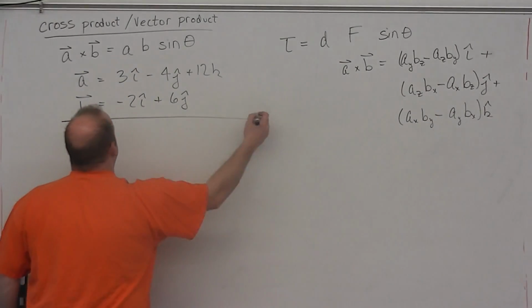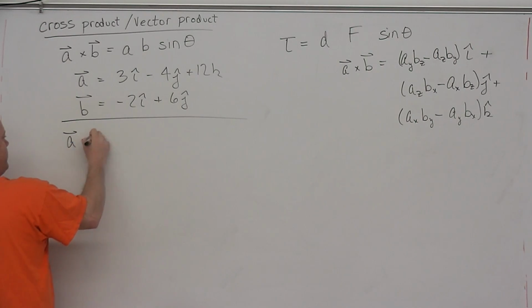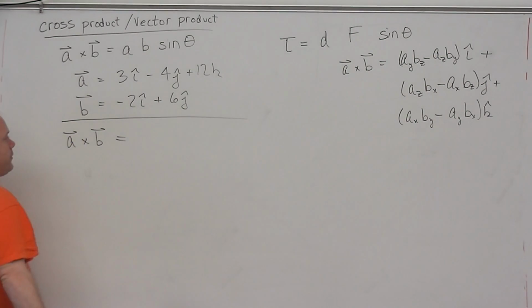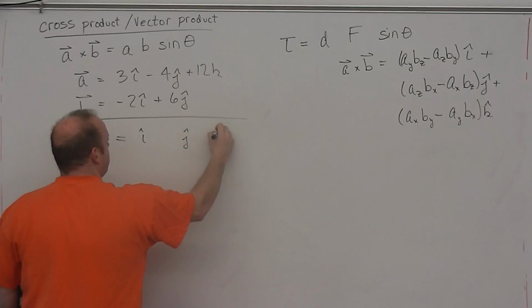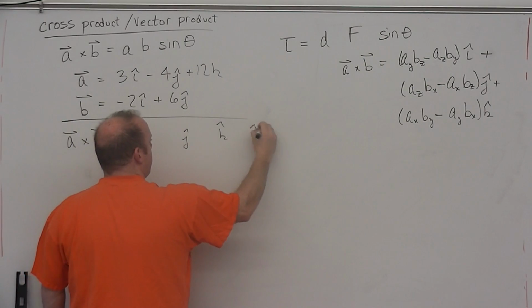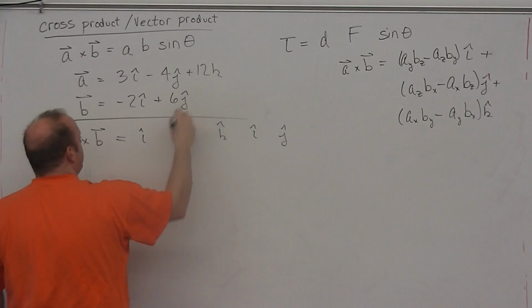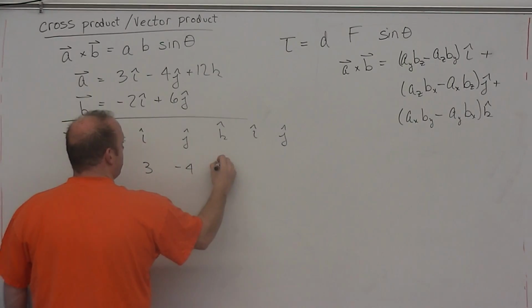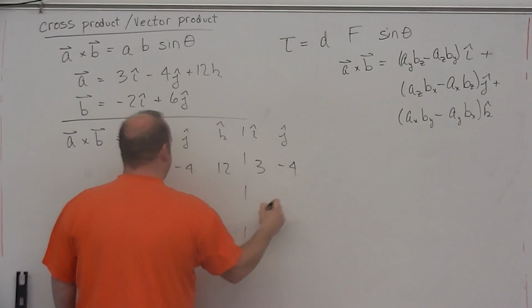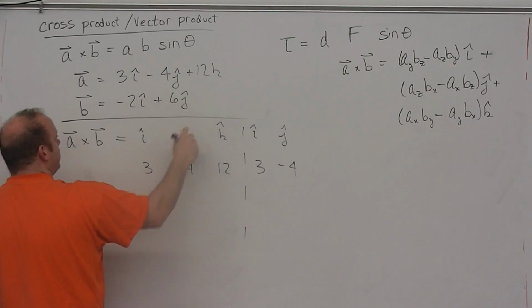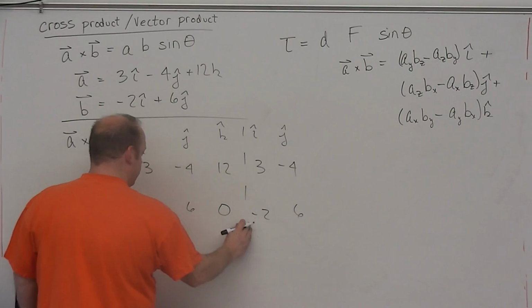So now, A cross B is equal to the determinant with rows I, J, K; 3, negative 4, 12; negative 2, 6, 0.